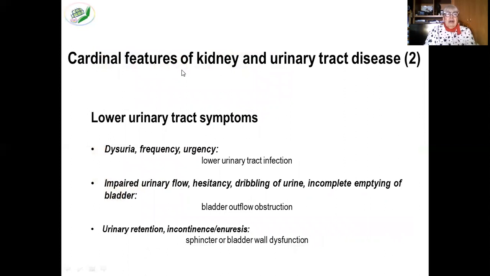As to the cardinal features of kidney or urinary tract disease, the lower urinary tract symptoms: it will be dysuria, frequency, urgency, lower urinary tract infection, impaired urinary flow, hesitancy, dribbling of urine, incomplete emptying of the bladder, flow obstruction, or urinary retention, incontinence, or enuresis, sphincter or bladder wall dysfunction.